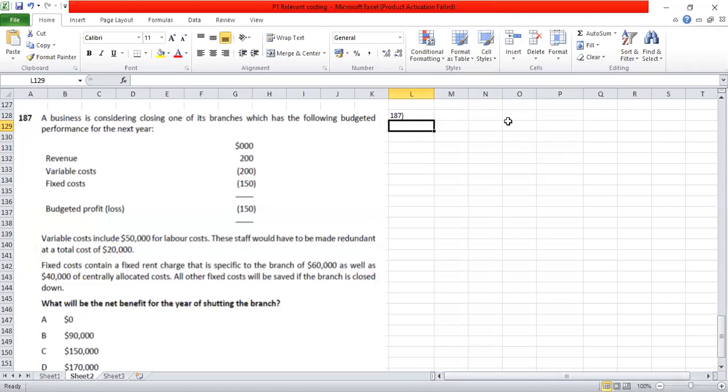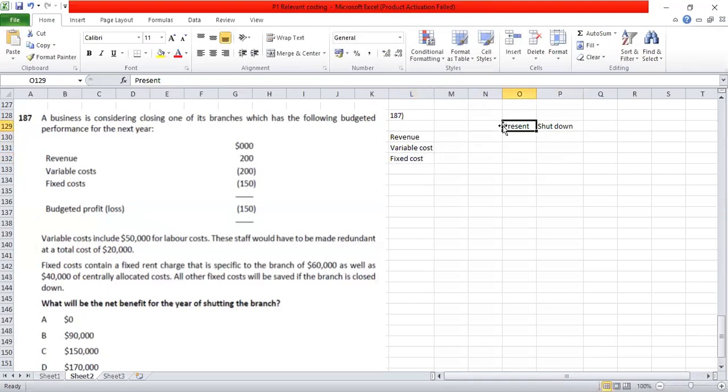So let's present it on a comparative note. We can also present it. At present, if it is shut down, at present we see that there is revenue, then we have variable cost, then we have fixed cost.